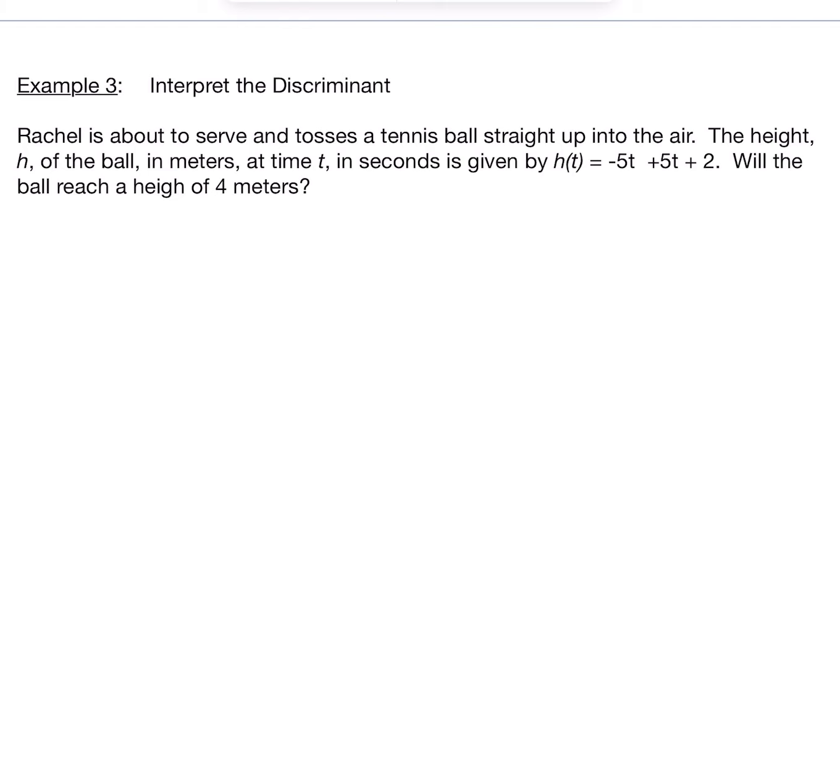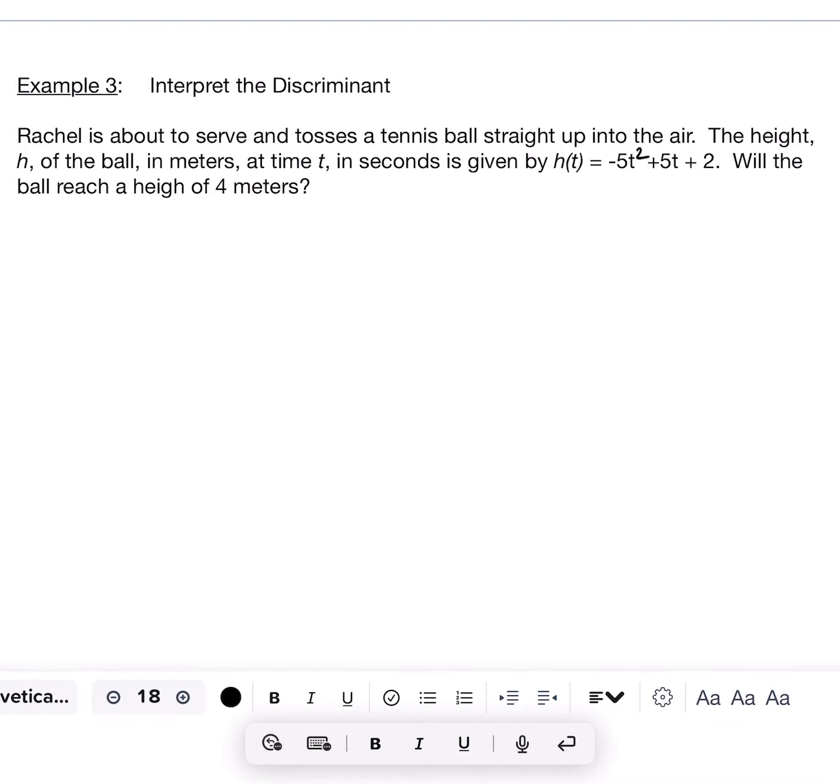The height h of the ball in meters at time t in seconds is given by h of t equals negative 5t squared plus 5t plus 2. And the question is, will the ball reach a height of 4 meters?